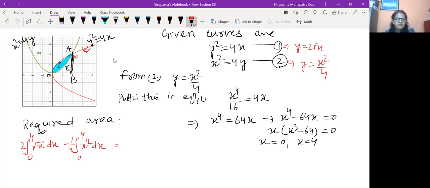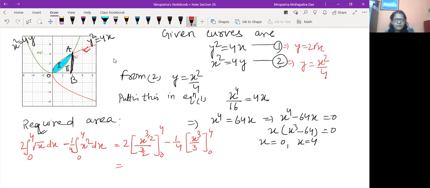So integration is very simple here. Twice of x to the power 3 by 2 by 3 by 2, 0 to 4, minus 1 by 4 of x cube by 3, 0 to 4.